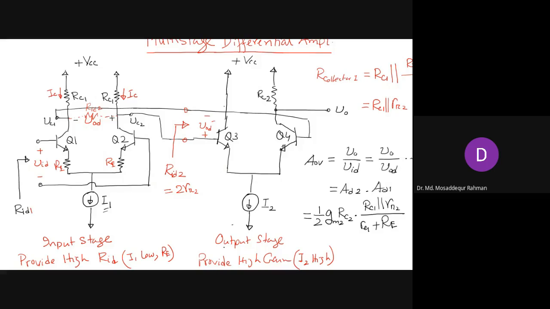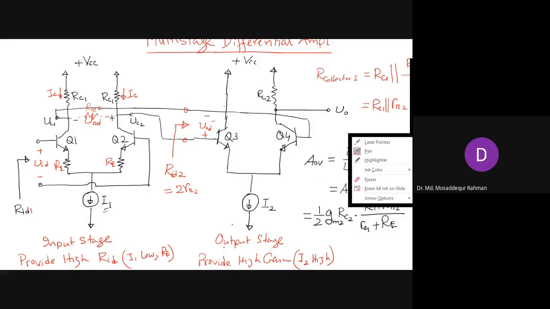Now we'll take a numerical example and see how the different parameters affect the circuit output.